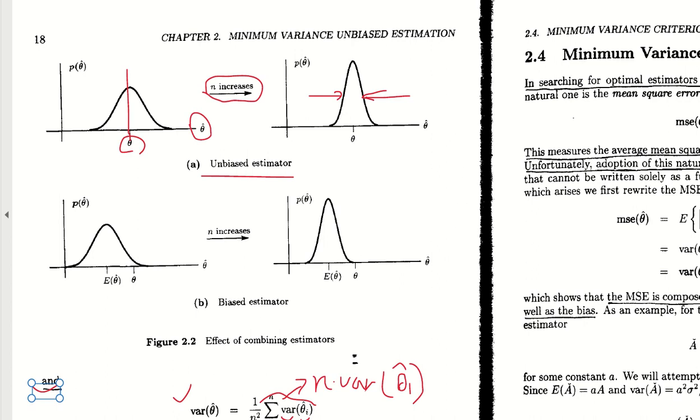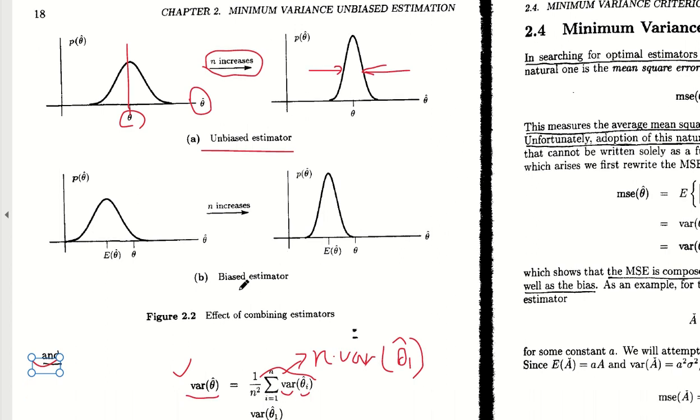On the contrary, if you have a biased estimator, the expectation of theta hat deviates from the true value by some kind of bias b.